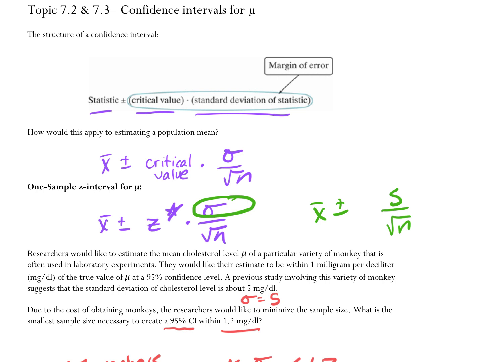Do you guys get what I'm saying there? That's probably larger than the population standard deviation. Do you guys see how S can be a crappy estimator of sigma? Okay, one more question. What if I took a sample of 100 people? Would S still be a crappy estimator of sigma? Not nearly as crappy, right? Does that make sense?